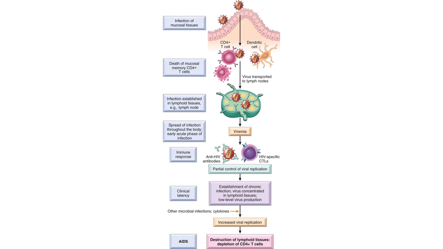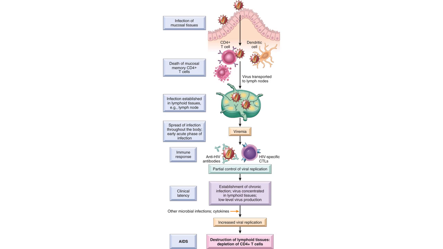But the virus is still controlled because there is renewal of the T cells and the macrophages. So in this stage of clinical latency, we do not see any symptoms of immunodeficiency.